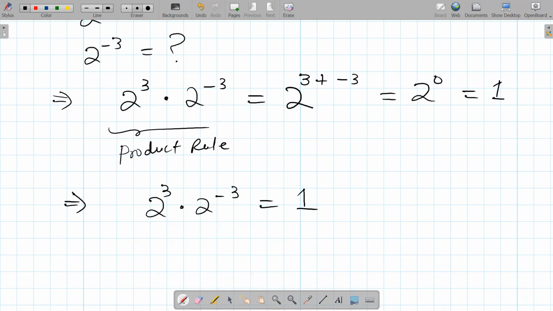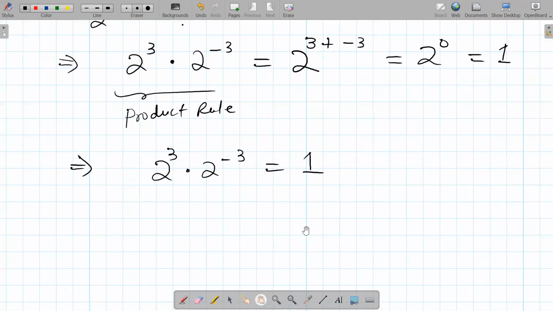Now, what does it mean? Back in basic math, we realize that anytime two items multiply and the result gives you 1, then these two items are inverses. They are opposites in terms of multiplication. So let me put it this way.